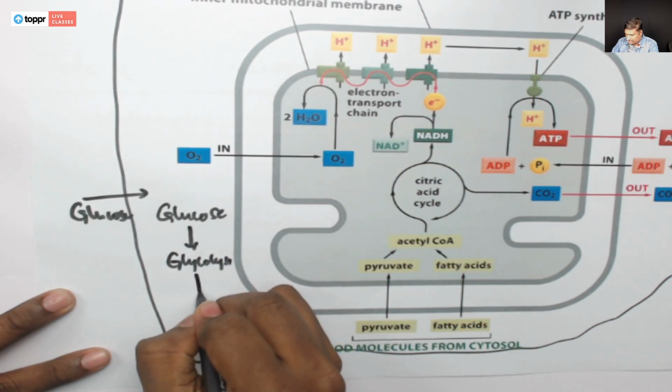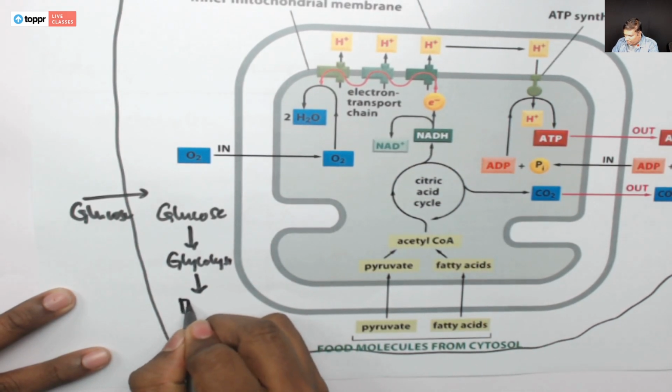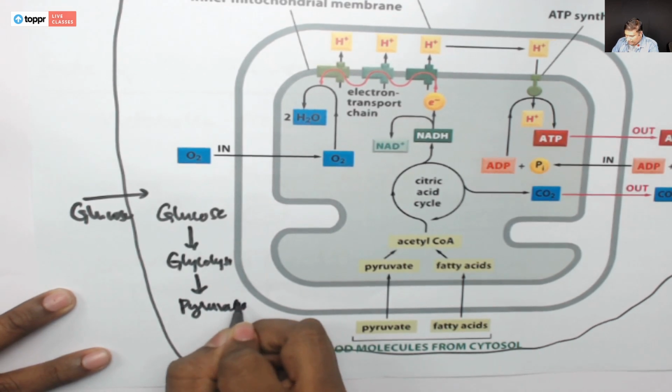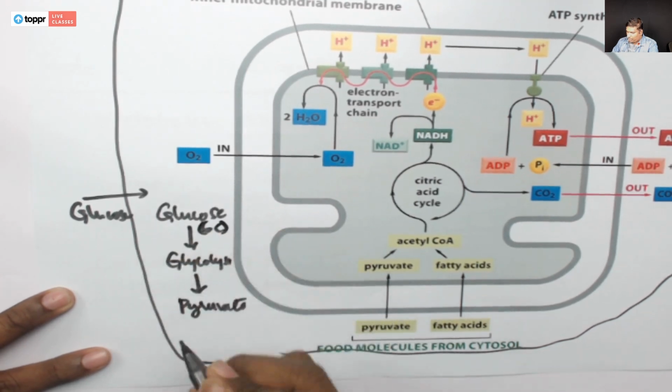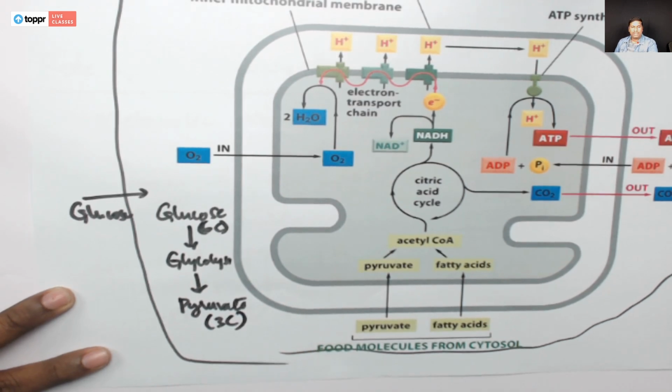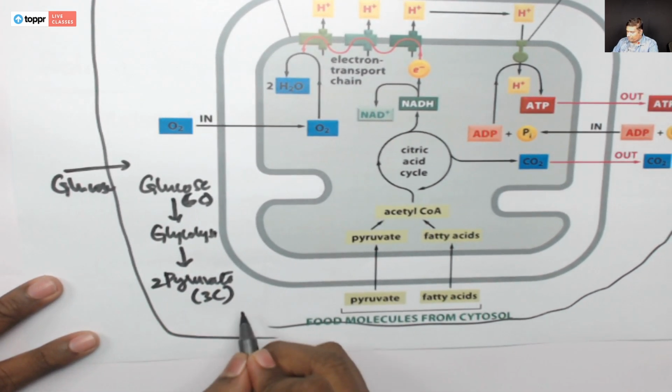It will go through glycolysis, and at the end of glycolysis you will get your pyruvate. Glucose, which is a 6-carbon molecule, is converted into pyruvate, which is a 3-carbon molecule, so you are getting 2 molecules of pyruvate. Now what is happening to this pyruvate?